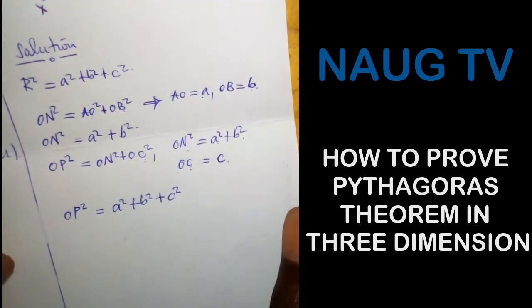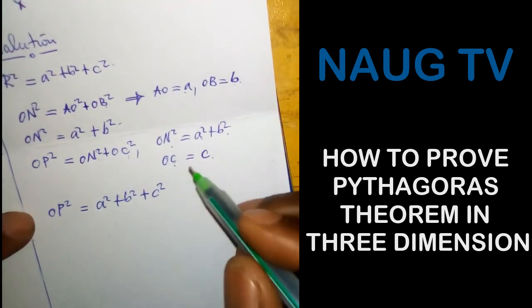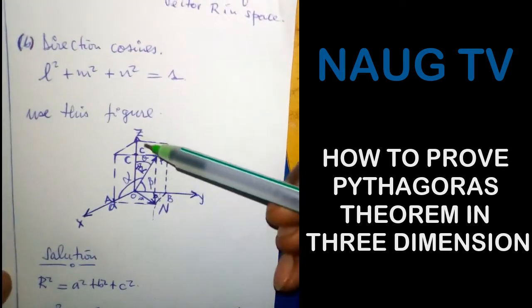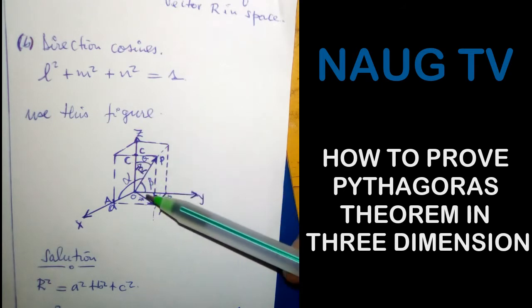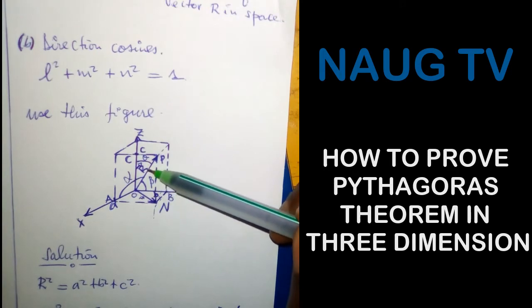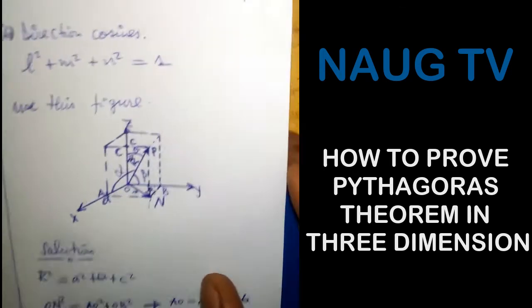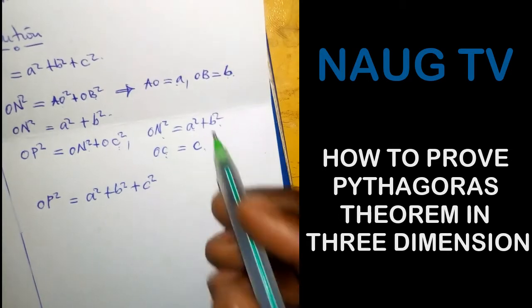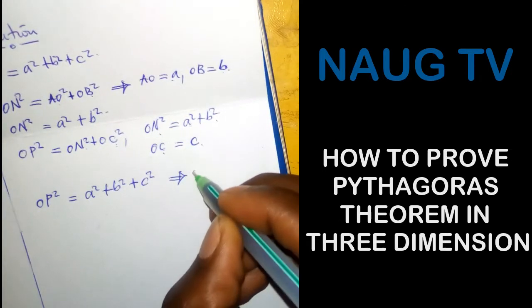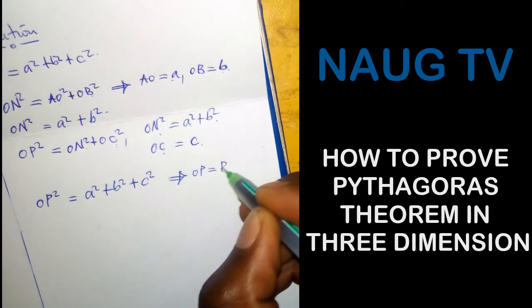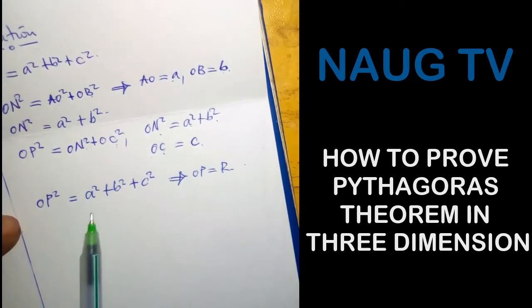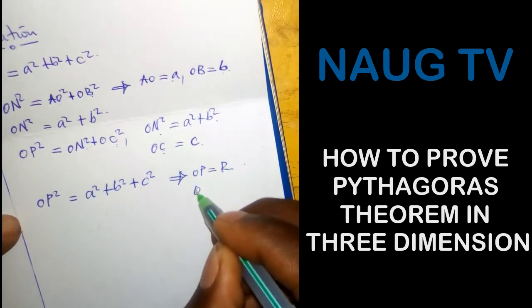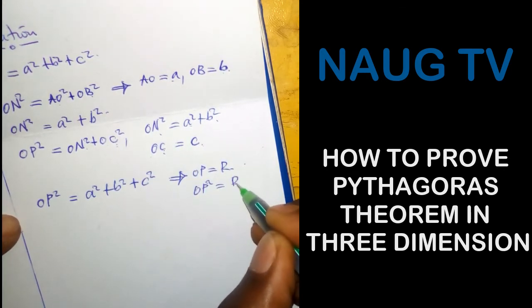So from this diagram or figure, you see that OP is equal to R. So OP squared would be equal to R squared.